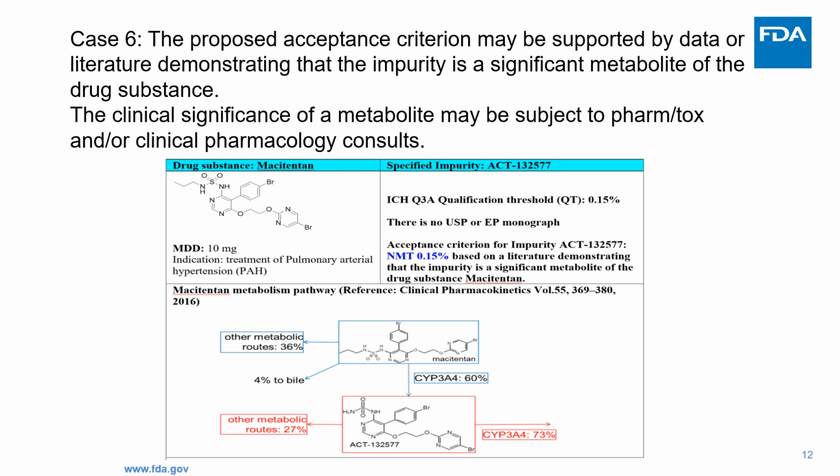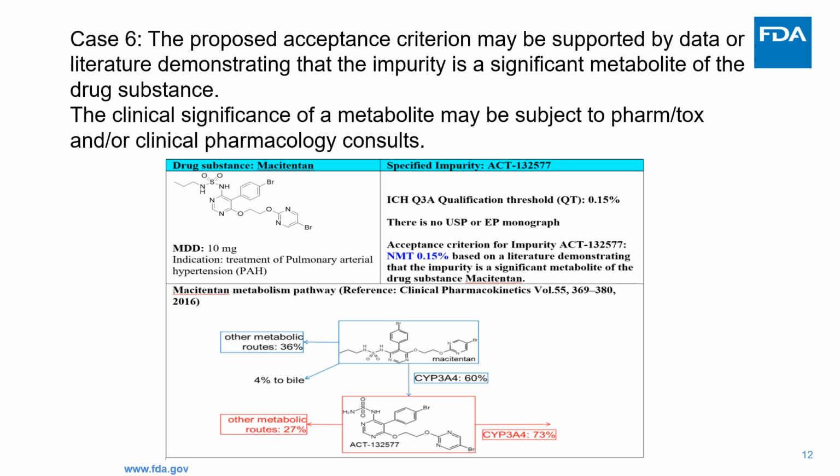According to the literature in clinical pharmacokinetics, impurity ACT-132577 is a significant metabolite of the drug substance macitentan, and it has no structural alert.